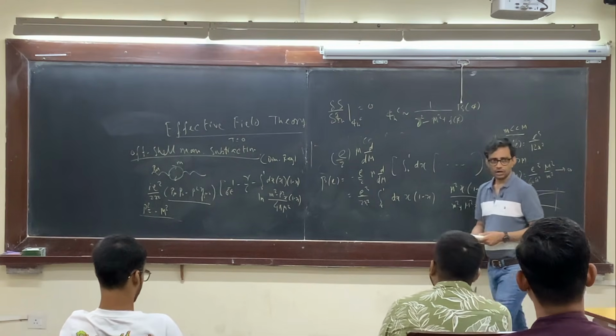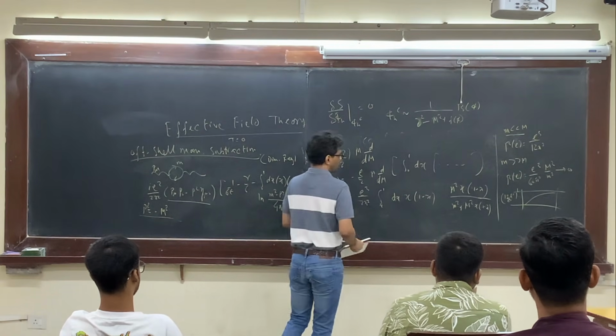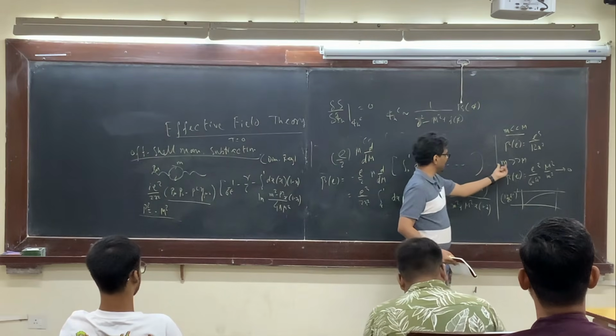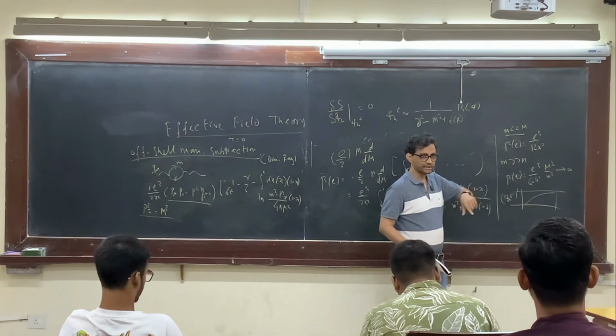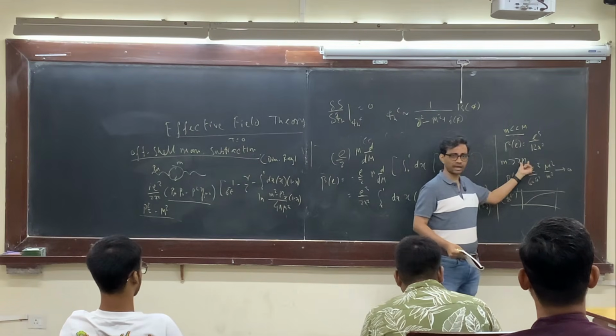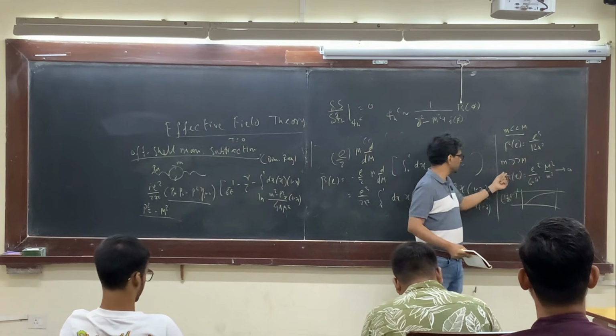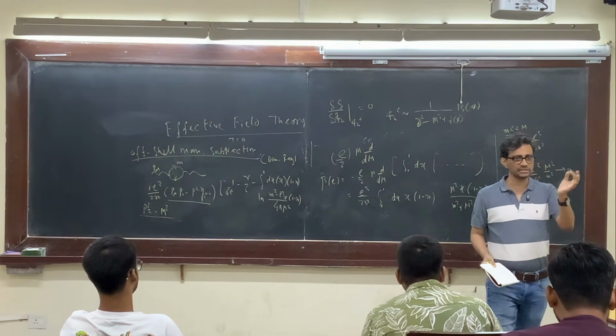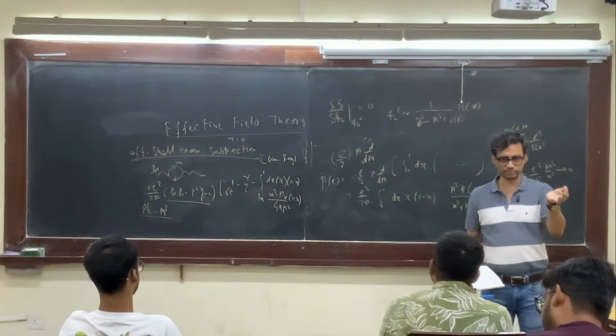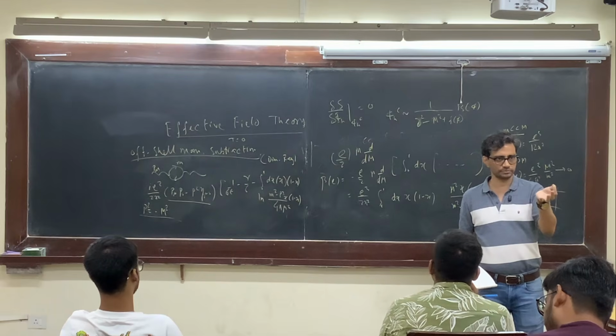Okay. So if this m, that means the particle which is floating inside the loop, is much heavier than some kind of choice of scale M, then this beta function goes to 0. Why? Because that particle is not there to contribute even in the beta functions.